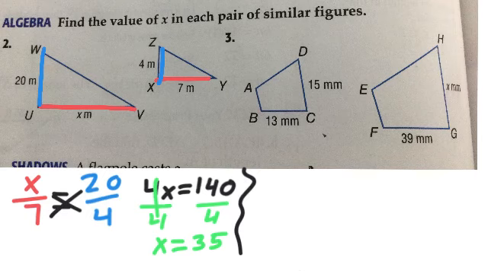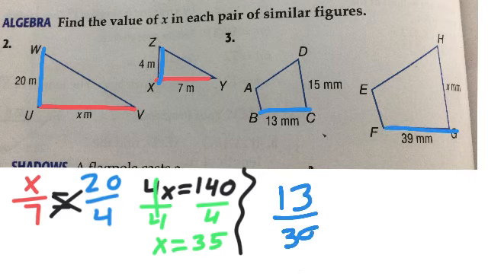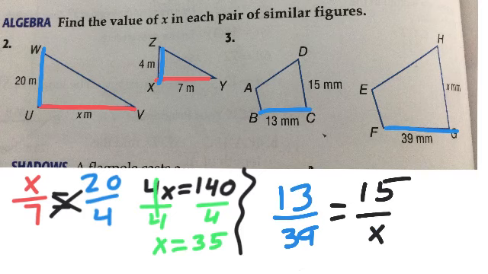Okay, pay attention, guys. I did B and C divided by FG. Okay. And I did 15 over X. Okay, so we're matching up here and here. Okay.